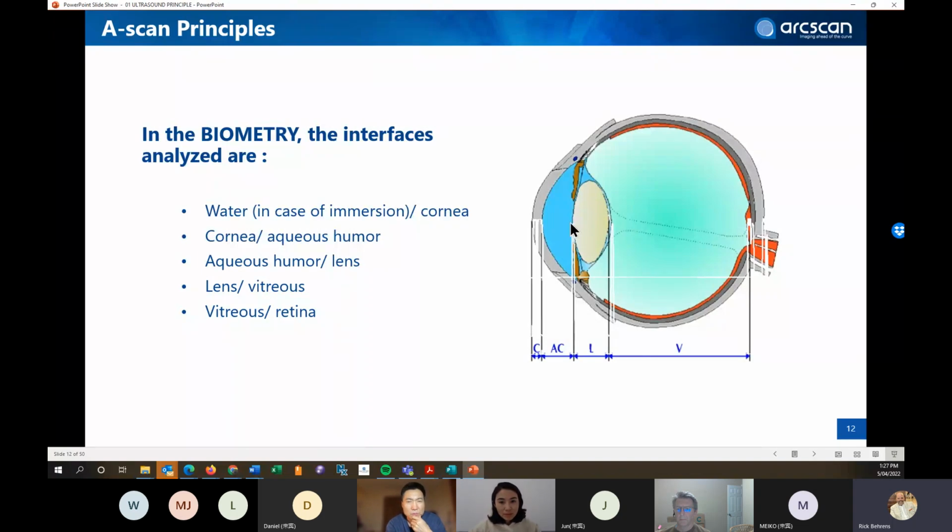The next interface we see is the anterior capsule of the crystalline lens, then the posterior capsule of the crystalline lens, and then we go to retina and sclera.